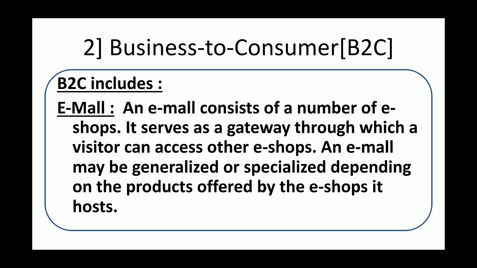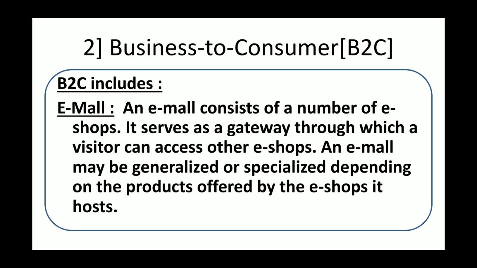And one more is the e-mall. An e-mall consists of a number of e-shops. It serves as a gateway through which a visitor can access other e-shops. An e-mall may be generalized or specialized depending on the products offered by the e-shops it hosts.